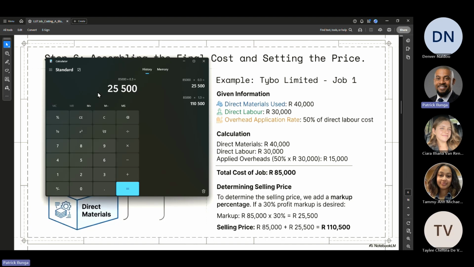So I know this is the markup. The markup meaning I need just to take this amount and add it up on top of the 85. So 85 plus 25.5 gives us what? This amount. You know that it is in thousands, right?